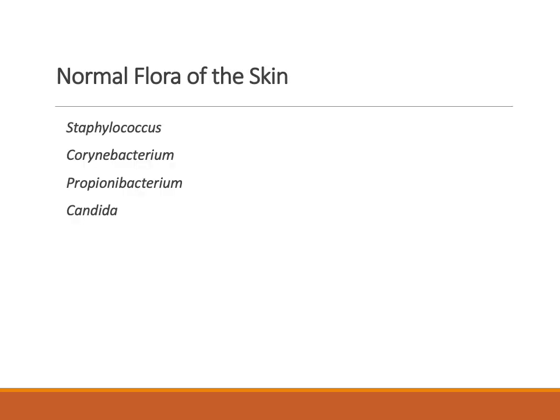Before we go into the discussion of the different infectious agents affecting the skin, we would like to mention again, as we had discussed last time, that the skin has normal microbial flora. This was listed previously in our lecture, but I would just like to mention a few of them, like Staphylococcus, Corynebacterium, Propionibacterium, then we have Candida, and several other organisms.